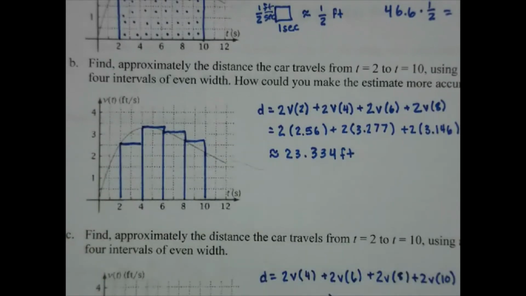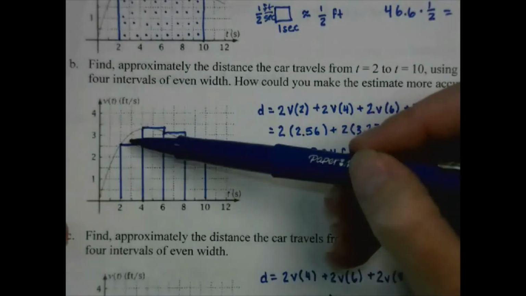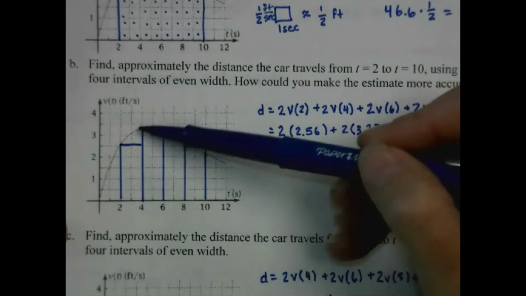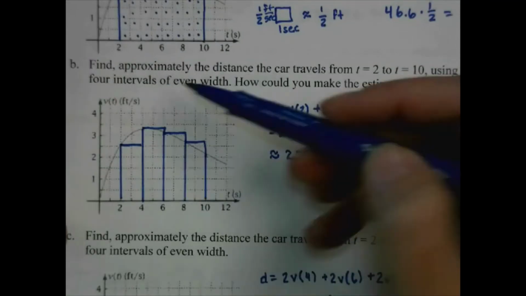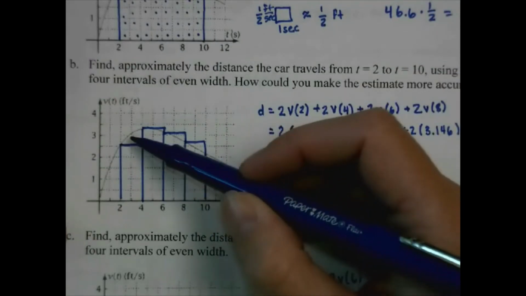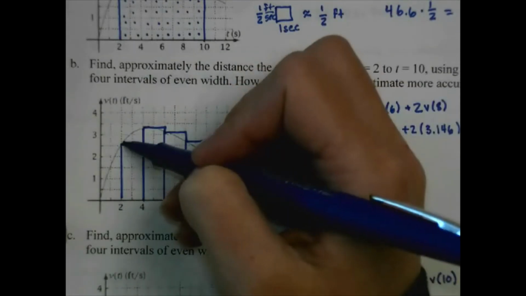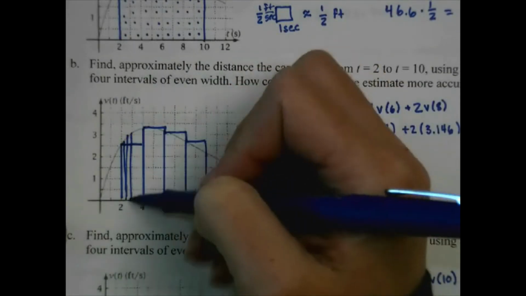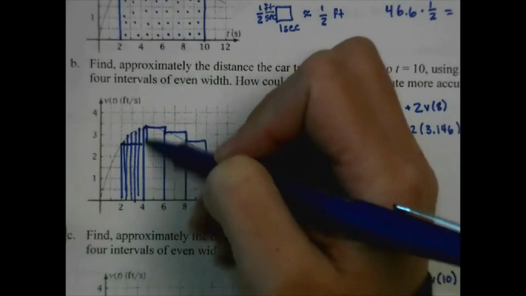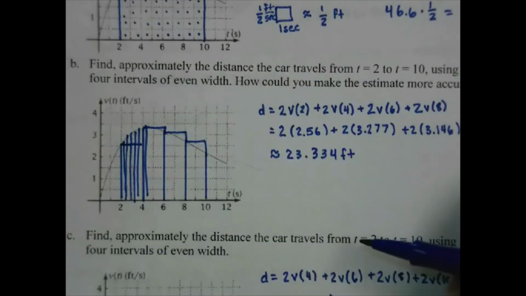So there are different ways we could make this more accurate. If I did this with 8 subintervals, then the graph is going to match a lot better. Those rectangles are going to be better. If I did 100 rectangles, teeny tiny little rectangles here, then my estimate is going to be a whole lot better.